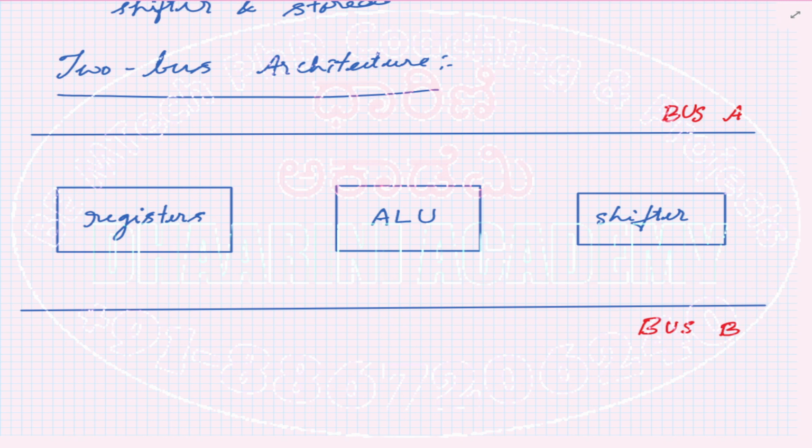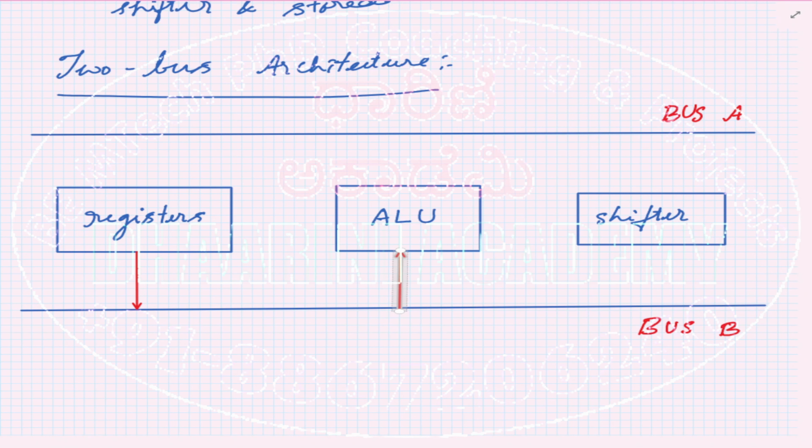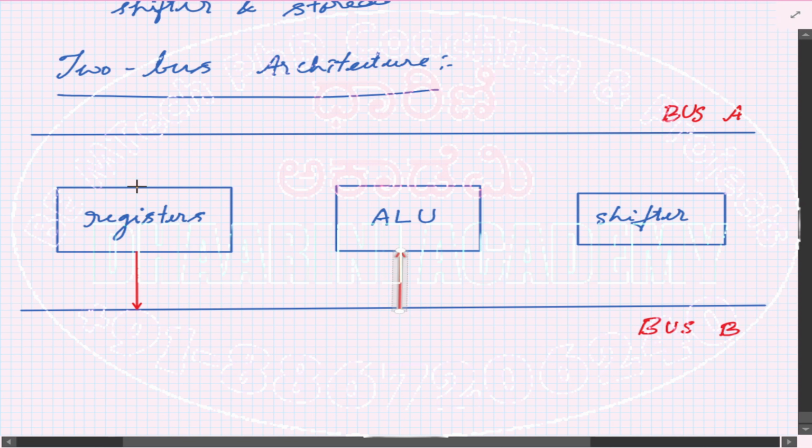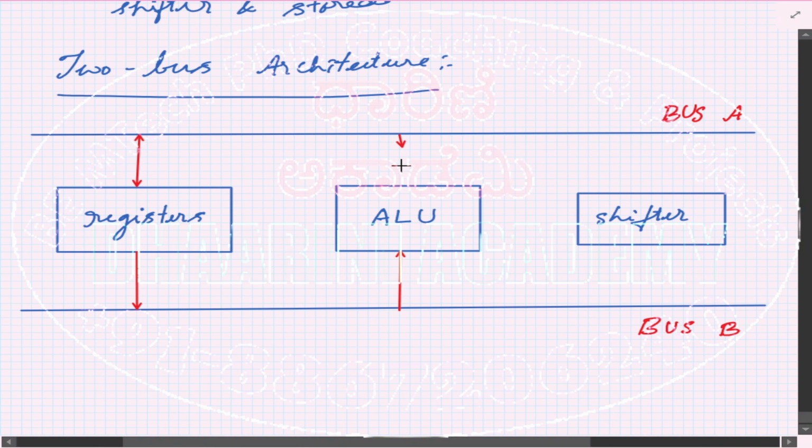Okay, so now let's connect the registers to the bus B, and from this bus we are connecting to ALU. ALU will pass on the data, and let's use a bidirectional arrow from register and bus A, and from bus A to ALU.